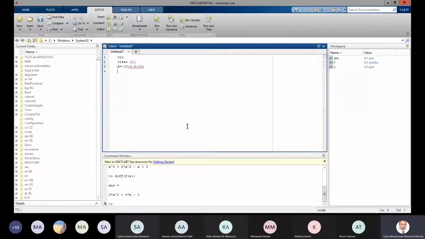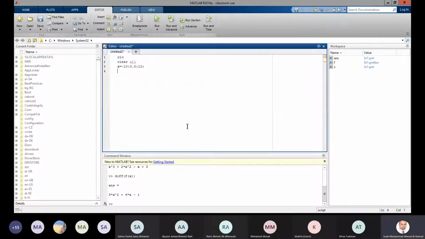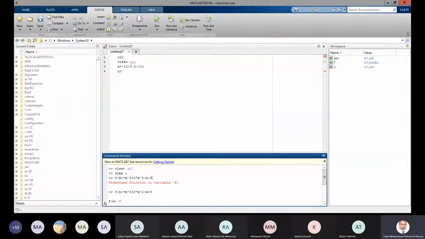Now we need to do the differentiation numerically. Now let's write the value of y, which is f(x), the same as this value. So let me copy this value here.